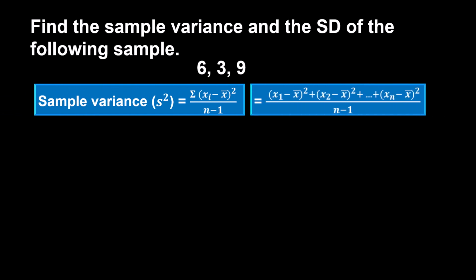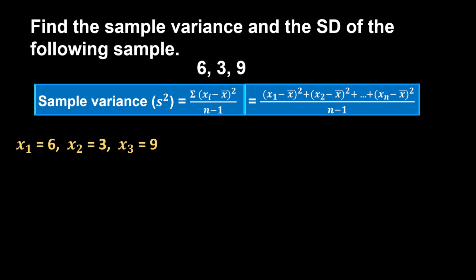And you can write the same one in this form without summation, right? According to this, what is x1? What is x2? Let me show you. x1 I take 6, x2 is 3, x3 is 9. Actually, in this case, you don't have to arrange your data in increasing order. So just use any data as x1, x2, x3 as you wish.